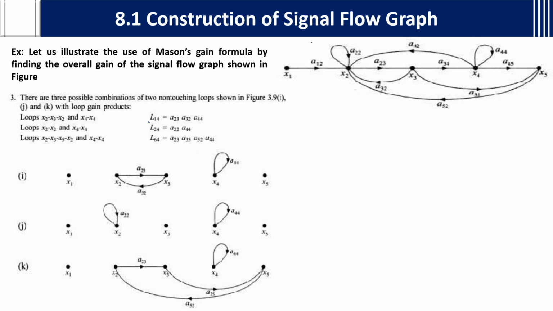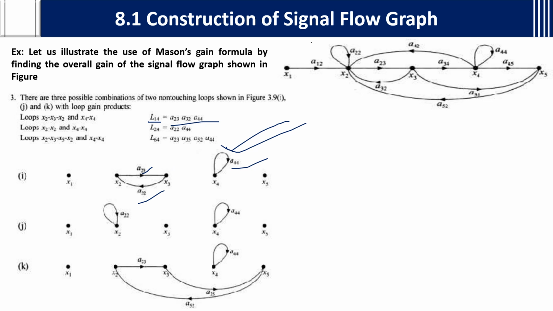L14 is X2, X3, X2, one loop, and X4, X4. These two are non-touching loops, right? You can write this as L1 and L4. So L14 is A23, A32, A44. You will multiply these gains.